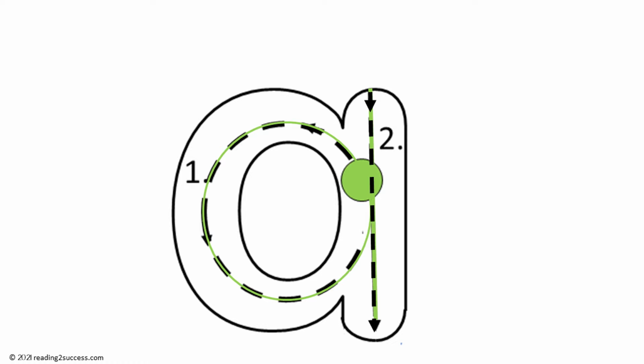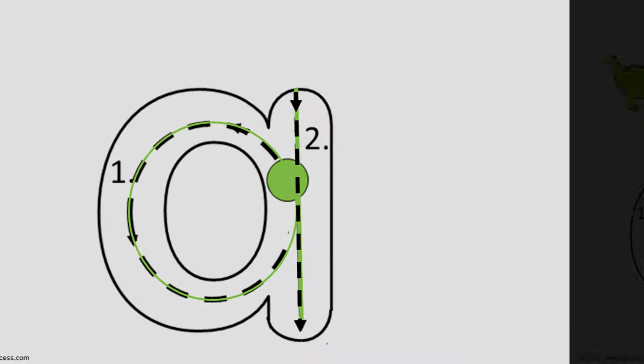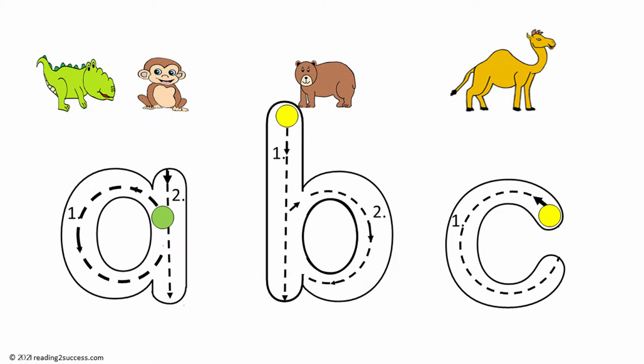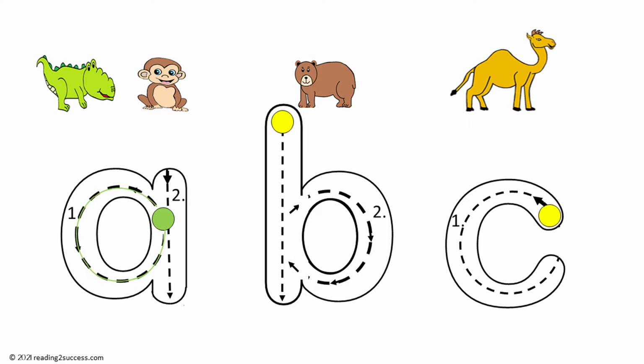Then have kids go to the top next to number 2 and follow the line down. So now have kids complete the letter card beginning with the letter A. Have kids start at the green dot and trace the curve next to the number 1. Then begin at the top next to number 2 and trace down the straight line.